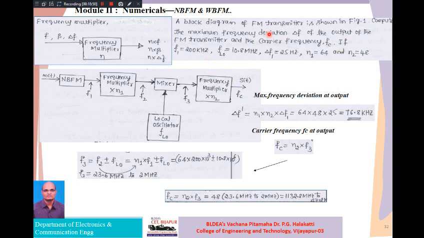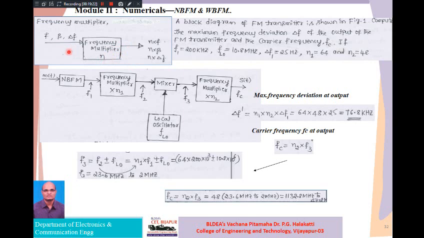The block diagram of an FM transmitter is shown in the figure. As long as you are dealing with NBFM or WFM, remember this: because of the frequency multiplier we are able to get the wide band. We widen the bandwidth of the narrowband signal with a frequency multiplier, which multiplies by a factor of n.